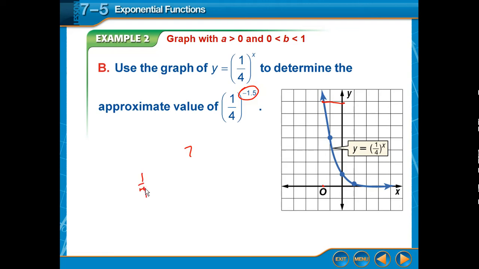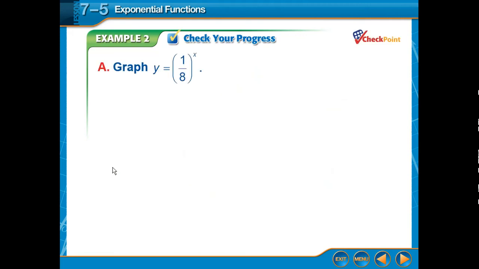So if I do 1/4 to the negative 1.5, I get 8. So we were close. It's not going to be exact because it says approximate. So, okay, you guys try.